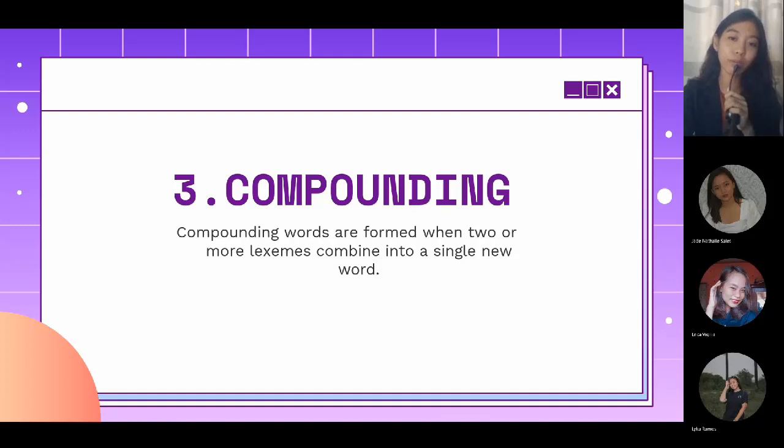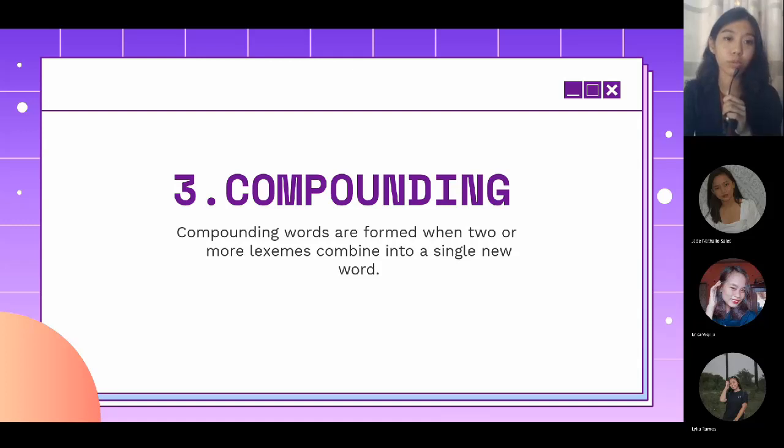Next is compounding. Compound words are formed when two or more lexemes combine into a single new word. Compound words may be written as one word or as two words joined with a hyphen.